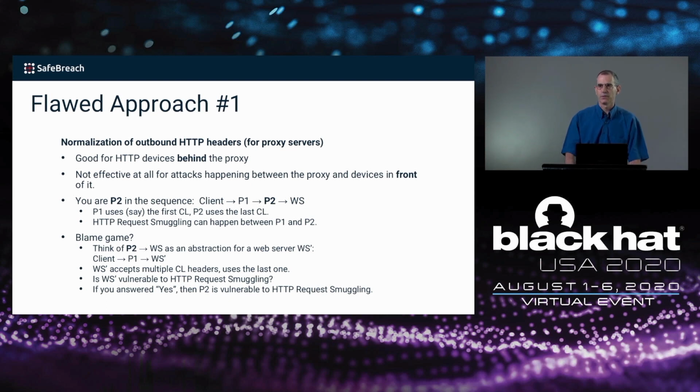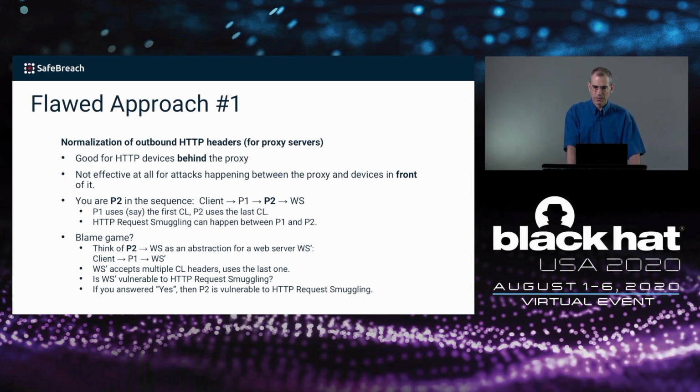So for example, if you are a client and there is a proxy P1, and then proxy P2 in this chain, and finally there's a web server, and P1 uses, say, the first content length header, and P2 uses the last content length header, then you can mount an HTTP request smuggling between P1 and P2.